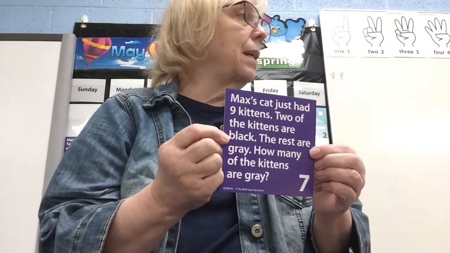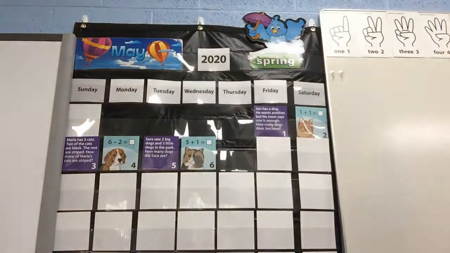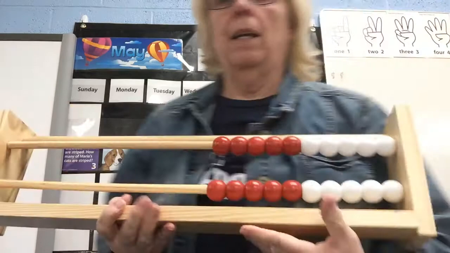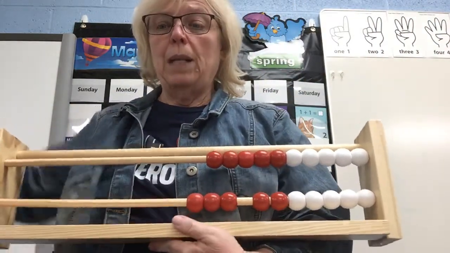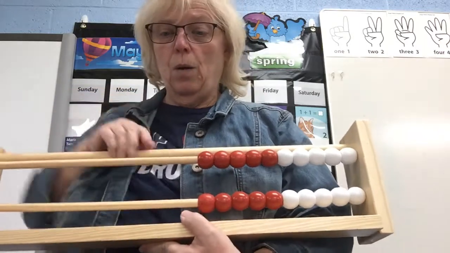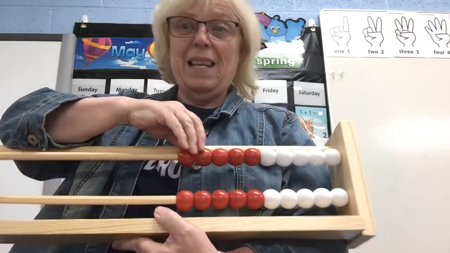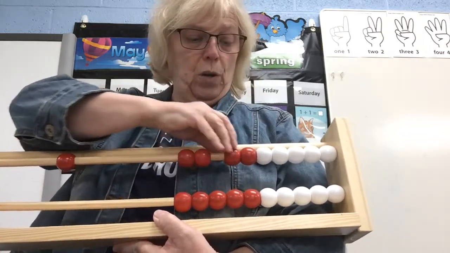I'm going to bring over an abacus. How many kittens did Max have? 9, right? 1, 2, 3, 4, 5.